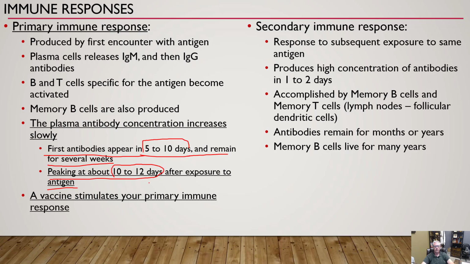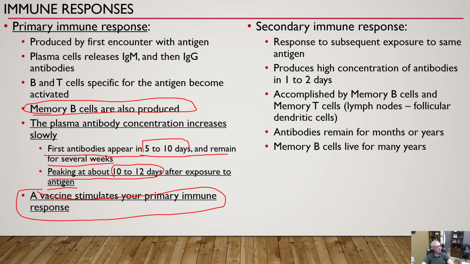And just so you know, that's how vaccines work. Vaccines typically stimulate your primary immune response. But remember that we create these memory B cells, which are going to lead to our secondary immune response.